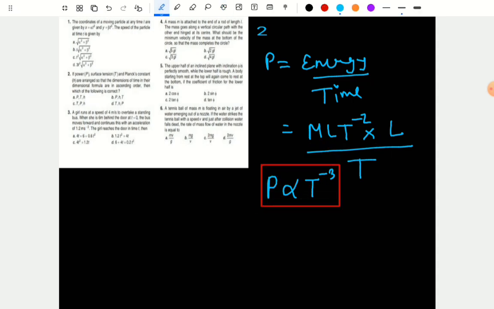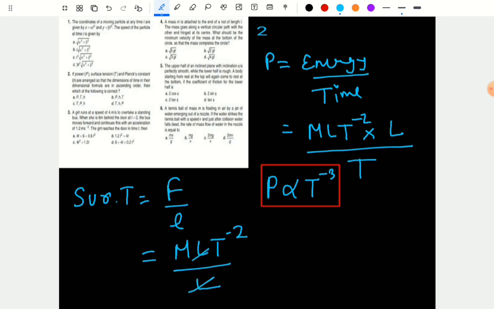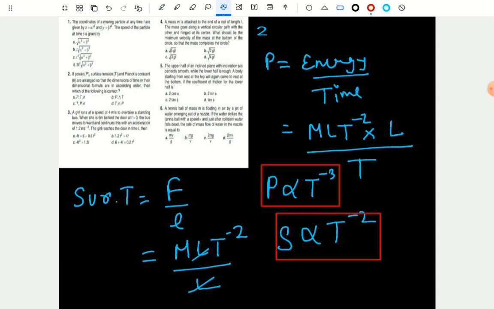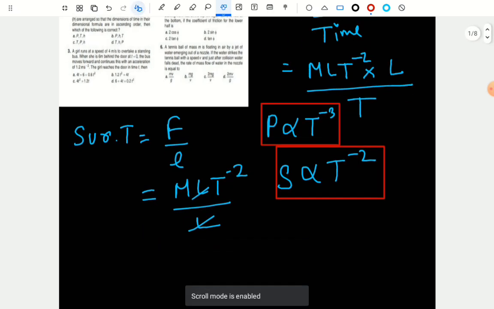Then we move on to surface tension. Surface tension is equal to force upon length. So therefore, for surface tension, it will be like this. So surface tension is directly proportional to T minus 2. Now we will move further to Planck's constant.